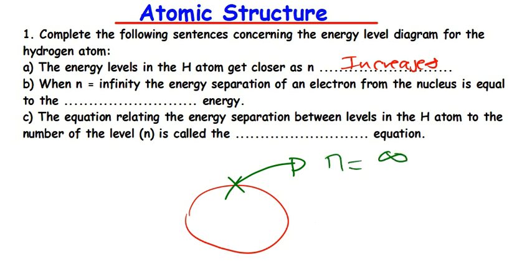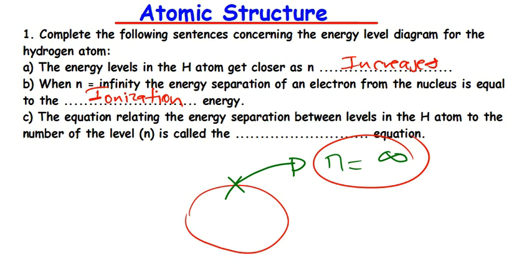So when n is equal to infinity, that implies you've permanently removed that electron. You've completely separated it from the nucleus. It is not on any energy level that can be numbered, so it's disconnected, and that becomes the ionization energy: the amount of energy required to separate an electron from the nucleus completely.